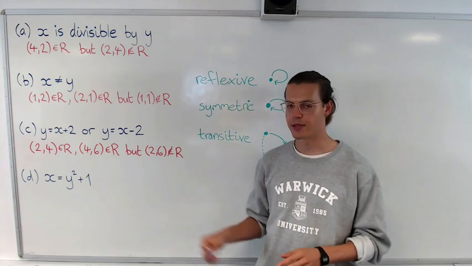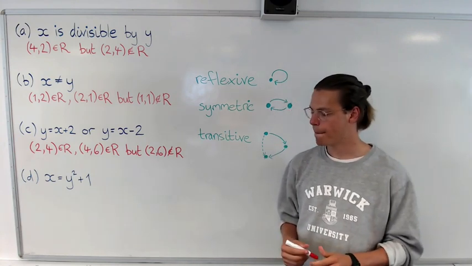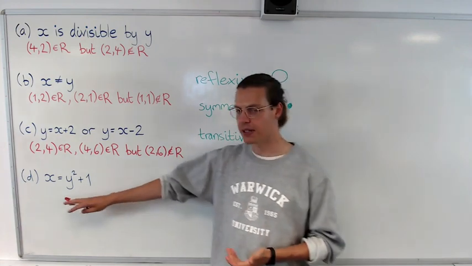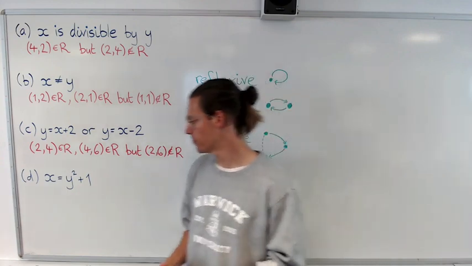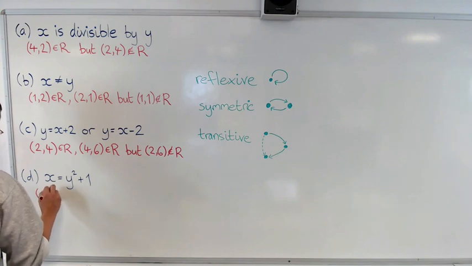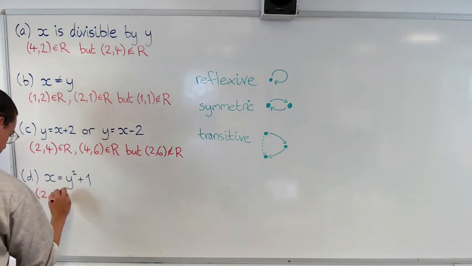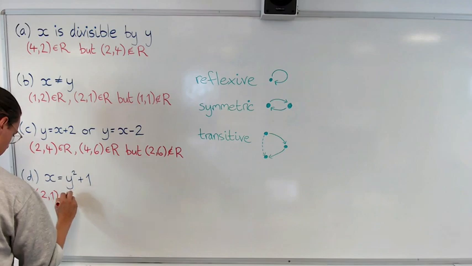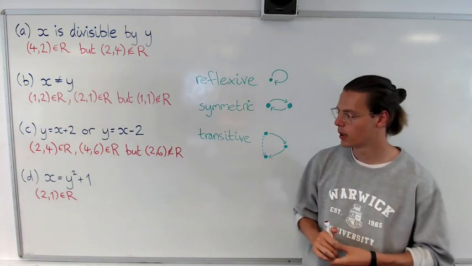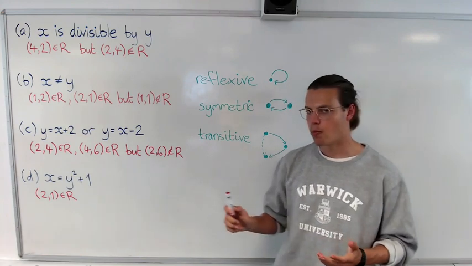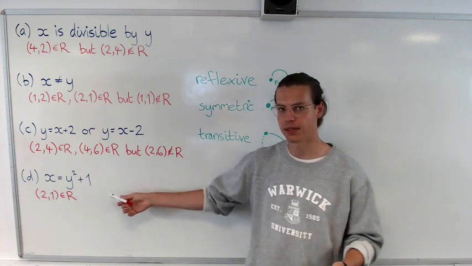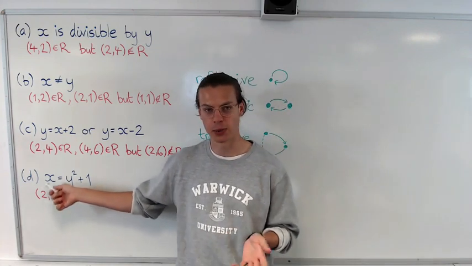Is the relation symmetric? Well, 2 is related to 1, since 2 is equal to 1 squared plus 1. But 1 is not related to 2. 2 squared is 4, plus 1 is 5, which is not equal to 1.